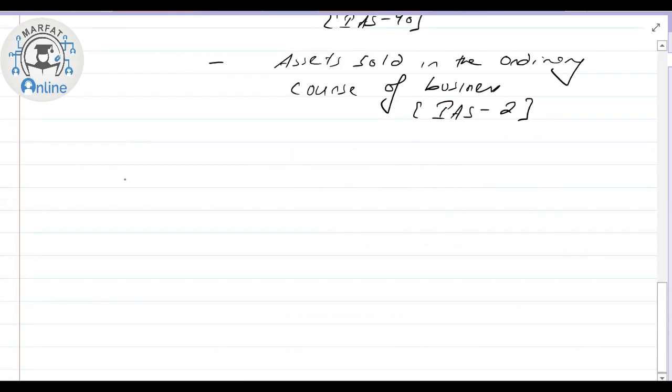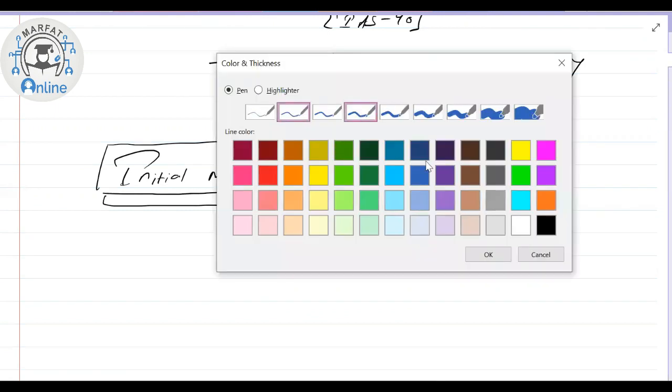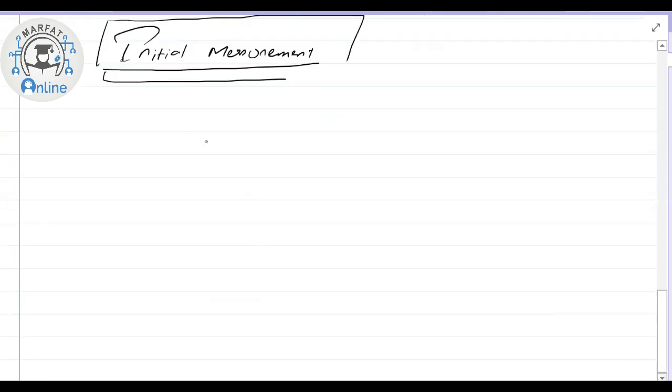All right, now we have the initial measurement. Initial measurement means at what value we will be recording the property, plant, and equipment initially. Initial means at first place.